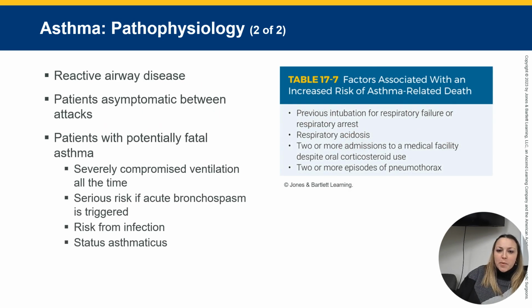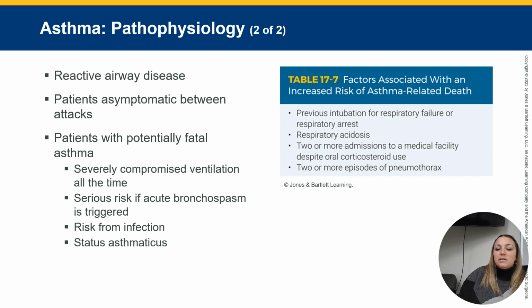Here's that reactive airway disease, and patients with reactive airway disease are much more likely to be asymptomatic between these attacks, and they're usually brought on by a trigger. Like I said, my trigger is being sick or having an illness, but there are other triggers. It can be smoke, certain seasonal allergies, or your airway could be reactive to lavender, whatever it is.